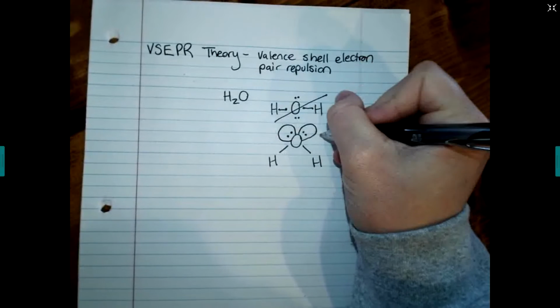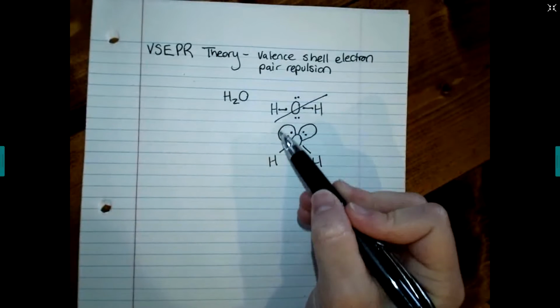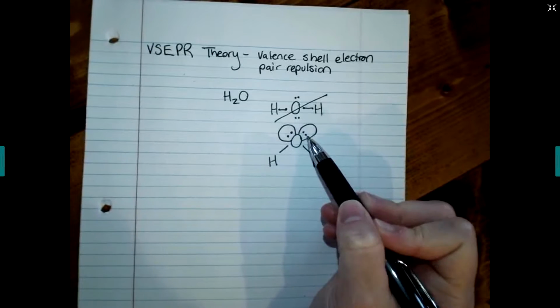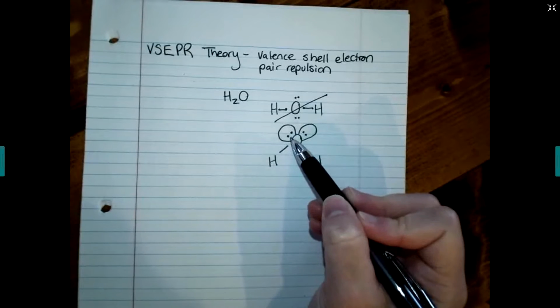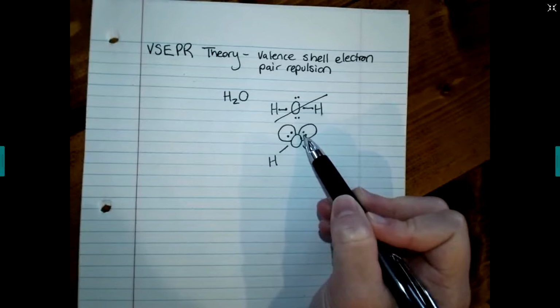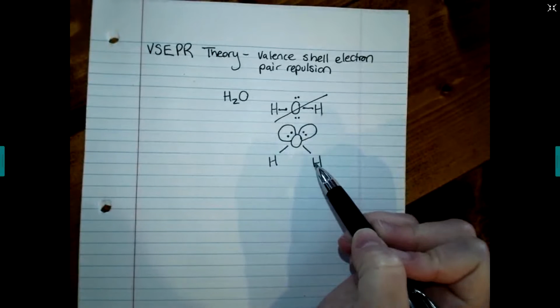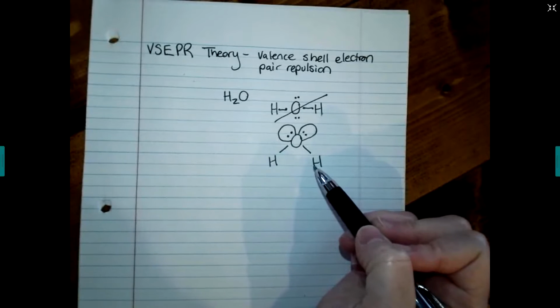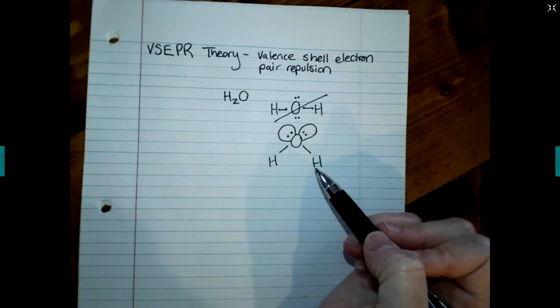I just drew these circles around the lone pairs to show you that they are creating a lot of repulsion. Electrons are negative. They don't like to be around other negative charges. So that causes these outside atoms and their electrons to want to move away from the lone pairs. Just keep that in mind as we talk about all the different shapes today.